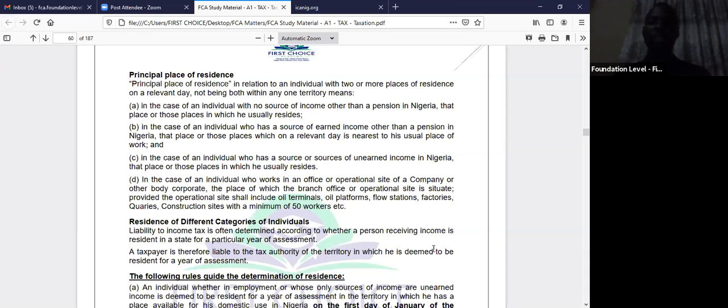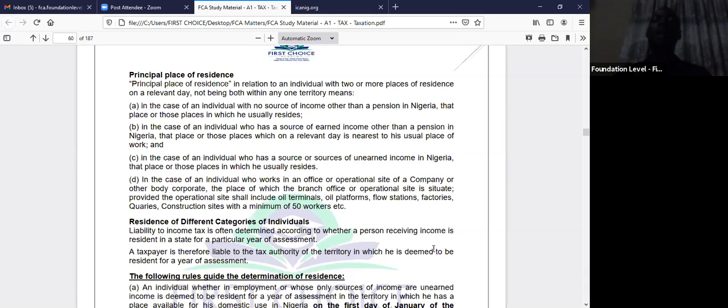It means you must go to work. You're a professional. You must work, then you earn. That is your earned income. Okay? So if you have one of these aside from pension, so that means pension is not in the picture. You are having something to do in Nigeria.